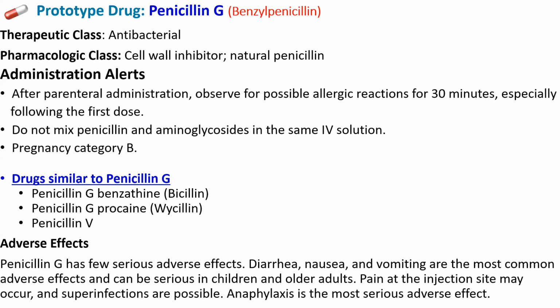In terms of adverse effects, penicillin G has fewer serious adverse effects than V. It may cause diarrhea, nausea, vomiting, like GI symptoms. These are the most common adverse effects, and they can be more serious in children and older adults.